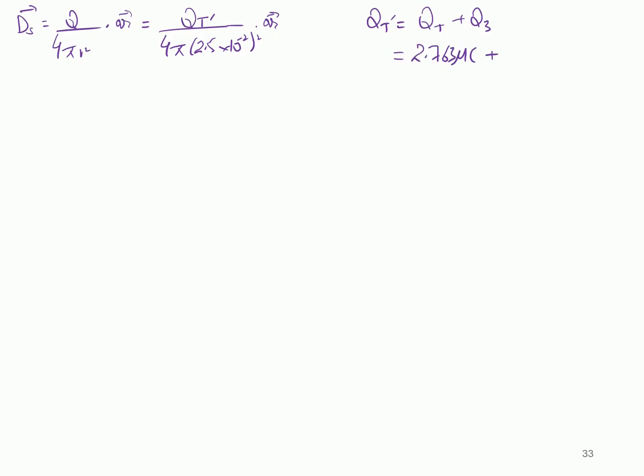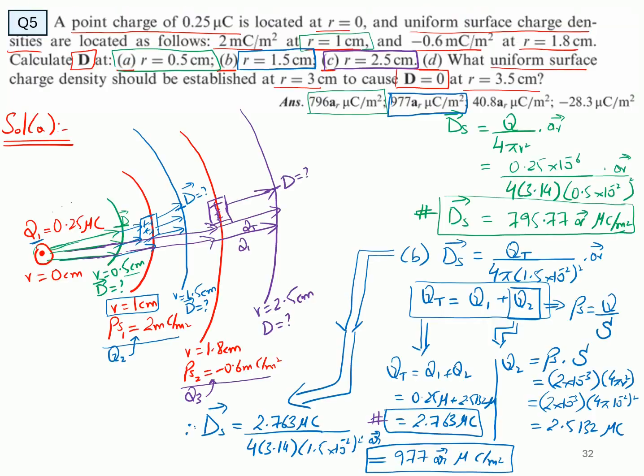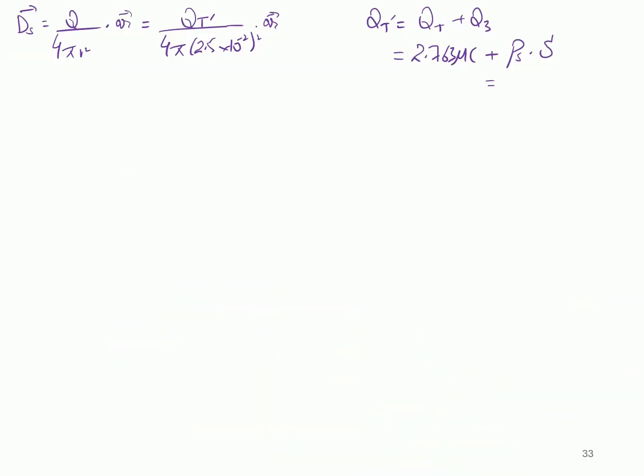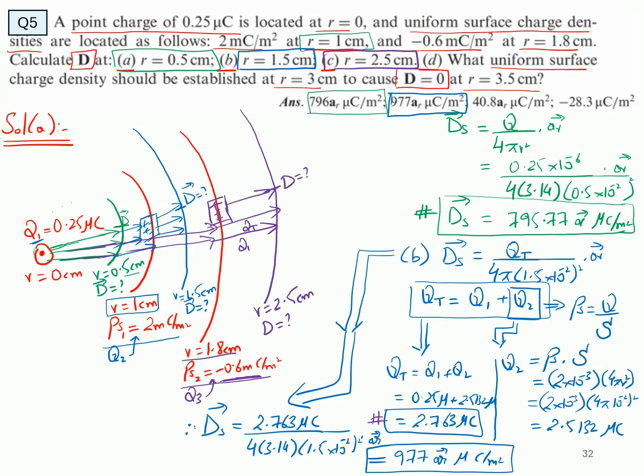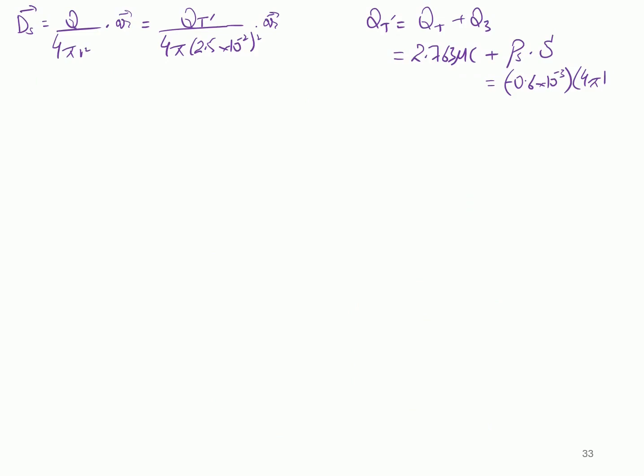Again it's going to be rho of s multiplied by the area. Rho of s in this case is minus 0.6 millicoulomb per meter square, so this is 0.6 into 10 raised to power minus 3, and the area of this sphere is 4 pi r square, because this is lying at r is equal to 1.8, so 1.8 into 10 raised to power minus 2 whole square.